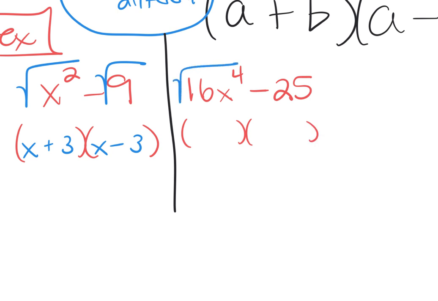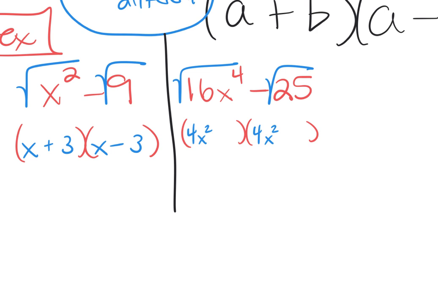I have to take the square root of 16x to the 4th. What's the square root of 16, guys? 4. Okay. What's the square root of x to the 4th, you think? X squared, yeah. Because if you multiplied it, 4x squared times 4x squared, that's your 16x to the 4th.